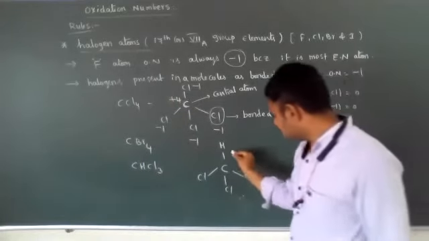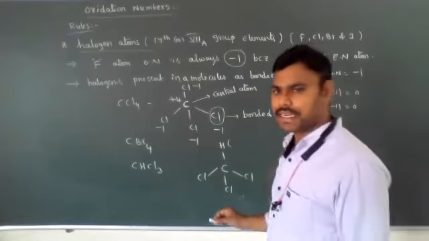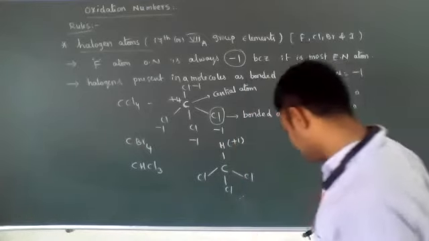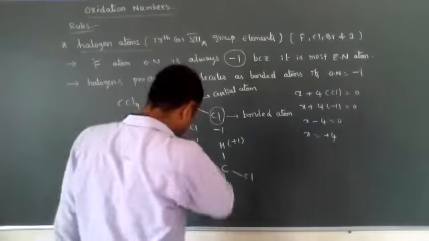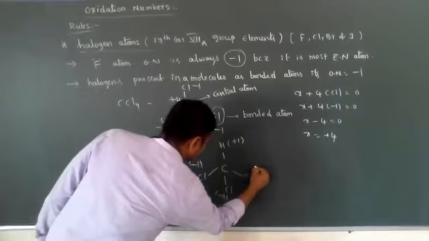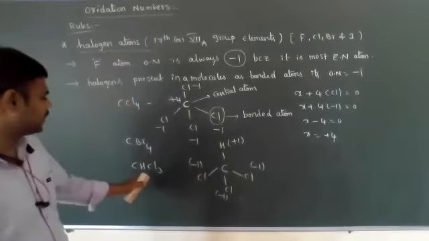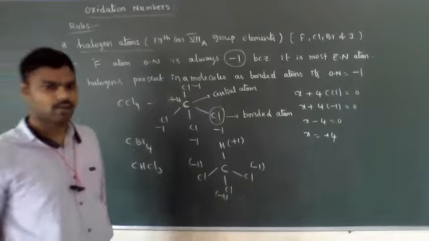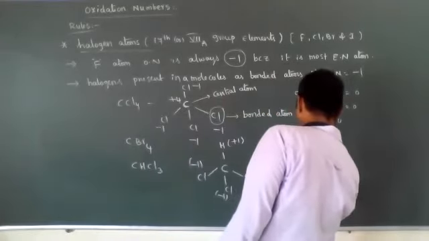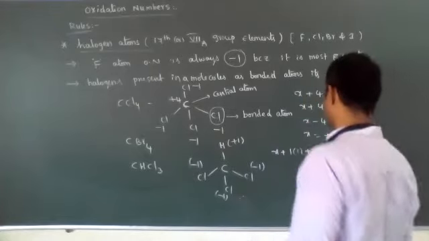So in that compound, I already said hydrogen atom's oxidation number generally is +1, and each chlorine is -1. Now, what is the oxidation state of carbon in CHCl3, chloroform? Carbon, let it be X, plus 1 hydrogen atom +1, 3 chlorine atoms -1 is equal to 0.